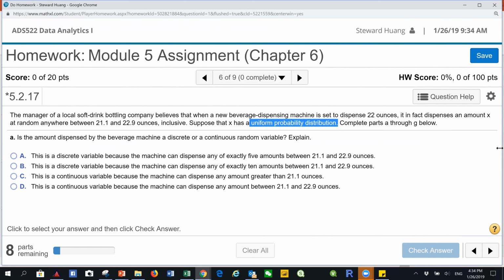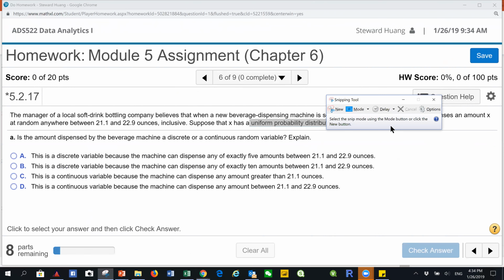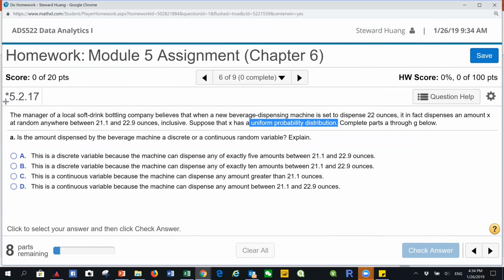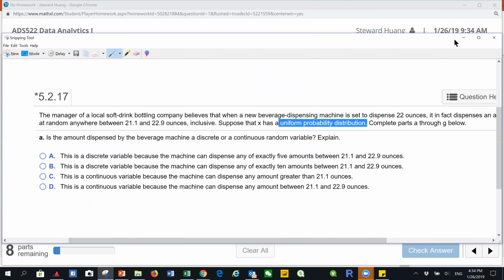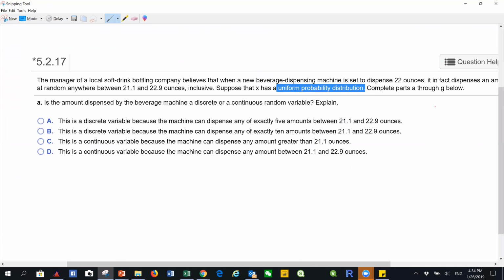Okay, so you draw a rectangle, and this is X, between 21.1 and 22.9.